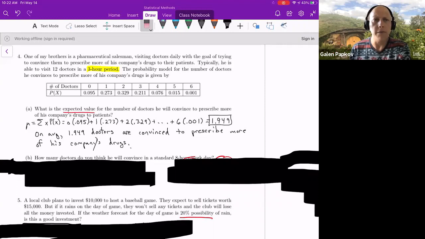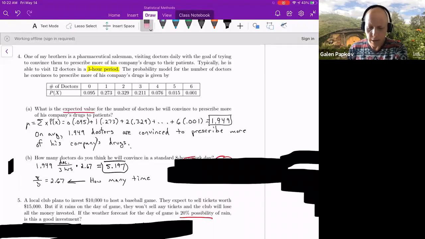So there's a 3-hour period, another 3-hour period, and then a 2 out of 3-hour period. You've got 1.949 for the first 3-hour period, 1.949 for the second, and about 2/3 of that for the third period. And so we're going to have a value probably close to 5, but let's go ahead and see.